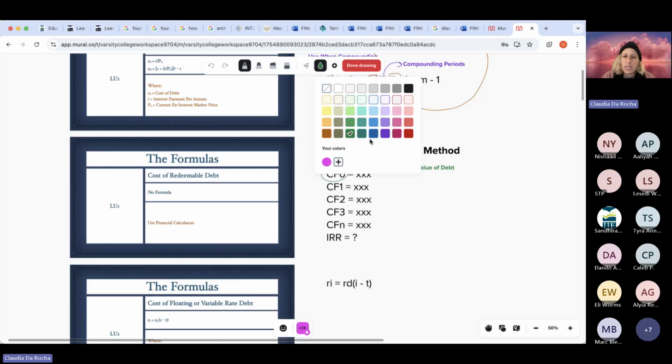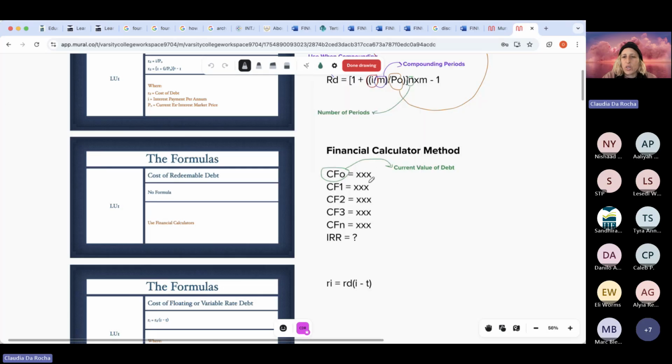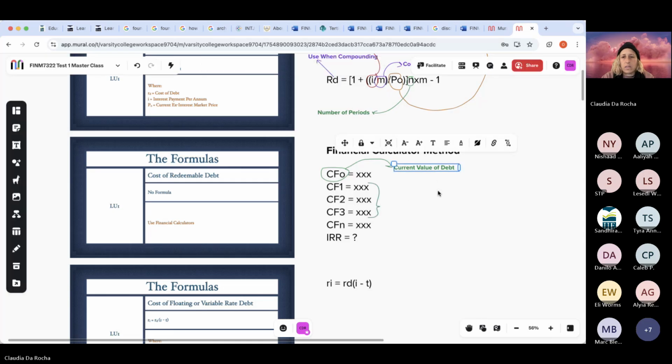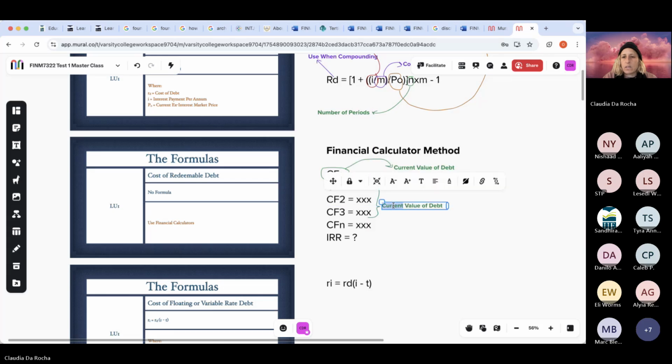or interest payments if it's not a bond. So I must just use my words correctly. So here it will be your interest payments. And it must be after tax.